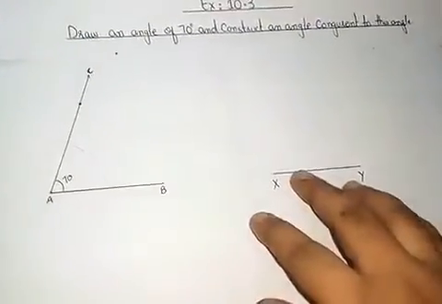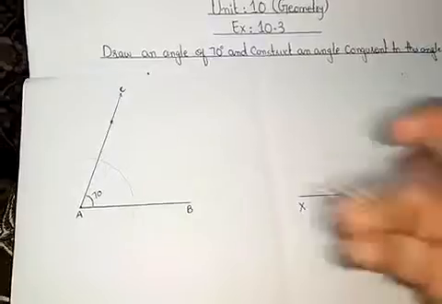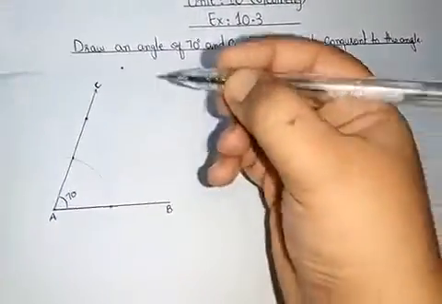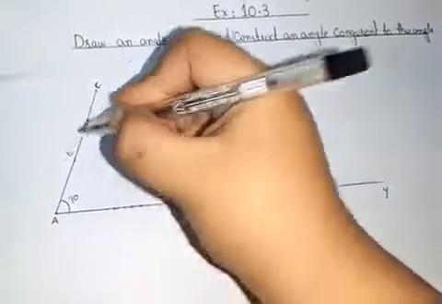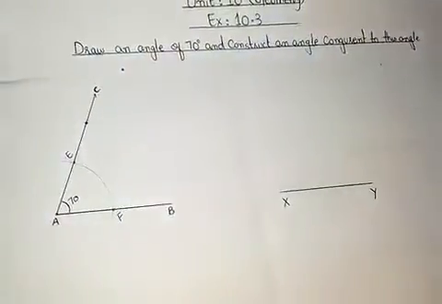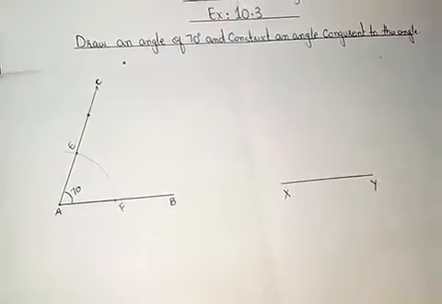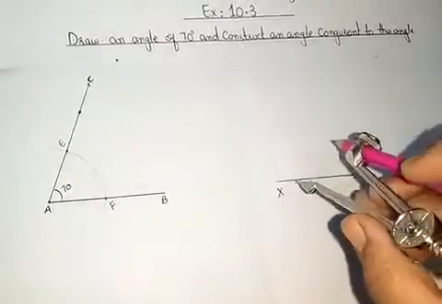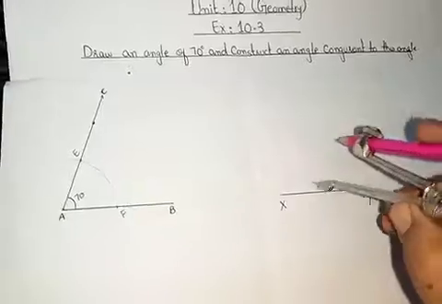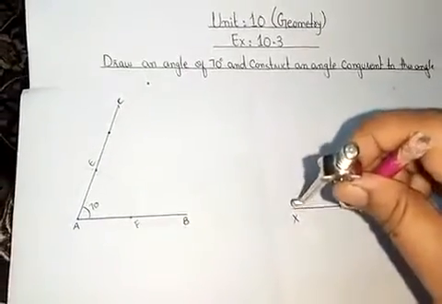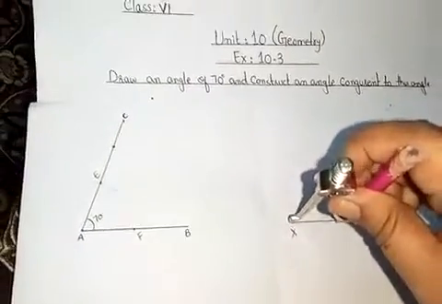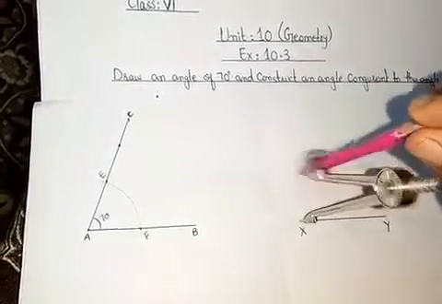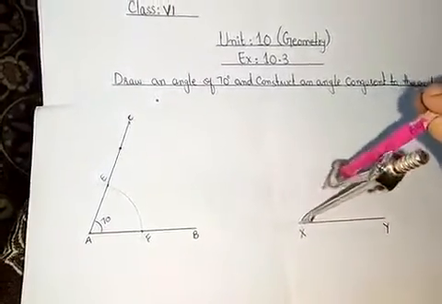We have to name these two points E and F. After this, with the same radius, we have to draw an arc at point X. At point X, we have to draw an arc which intersects X and Y with the same radius.